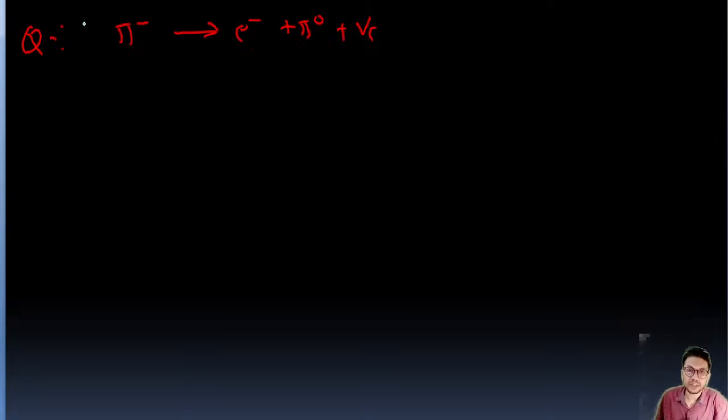So we need to check whether this reaction is allowed or not. Simple. We'll check Q first. Q charge, right? This is -1, this is -1, this is 0, and this is 0, which means this is conserved.